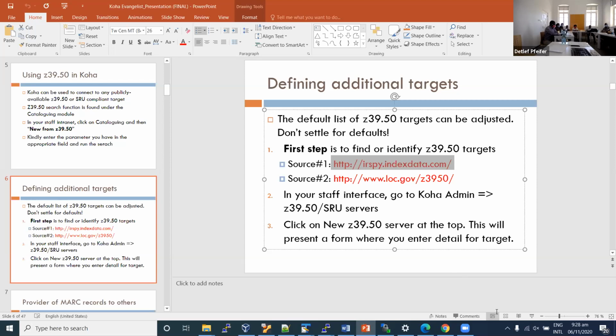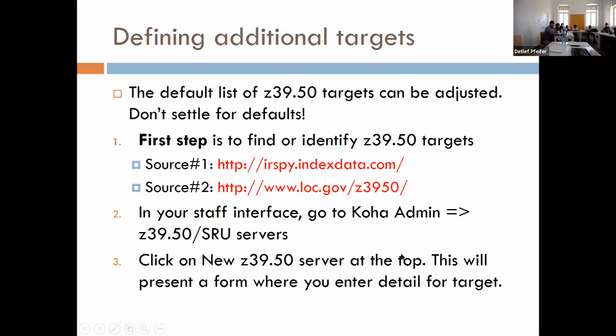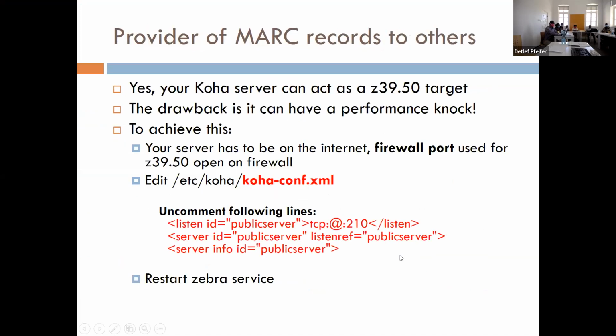Okay, great. So on that note, I'll skip to another topic. But what I just wanted to say is, in as much as we can get from other libraries, we can also become providers.